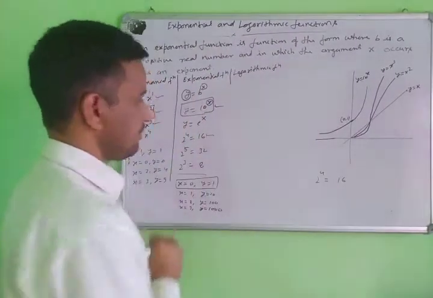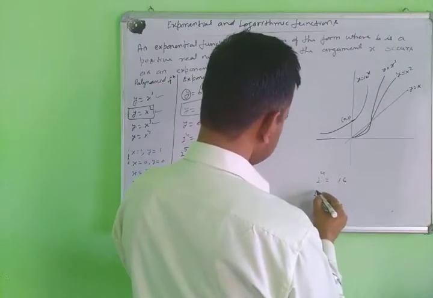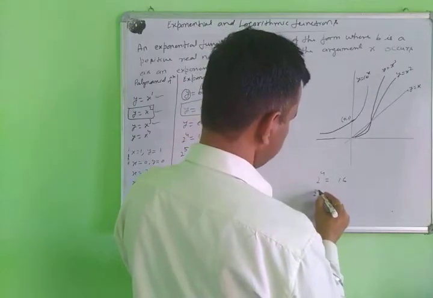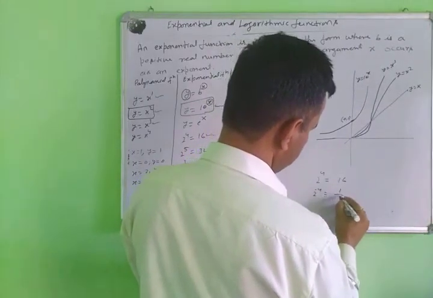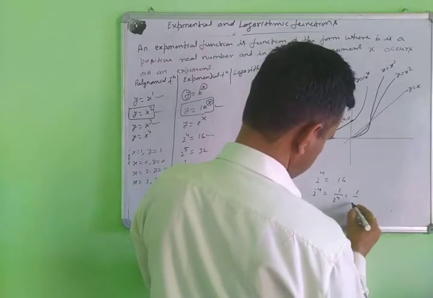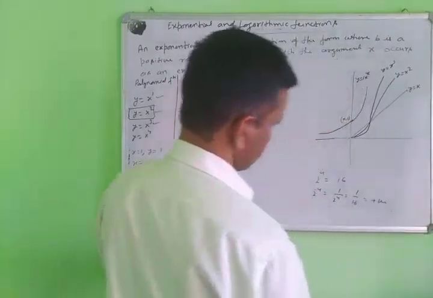I am using this example. Suppose you are changing here 2 exponent minus 4 here. This will convert to 1 upon 2 exponent 4, that means 1 upon 16 here. So this also comes as a positive value, not negative.